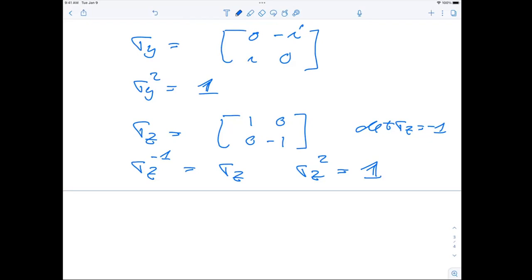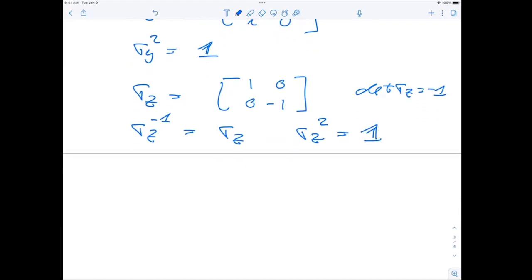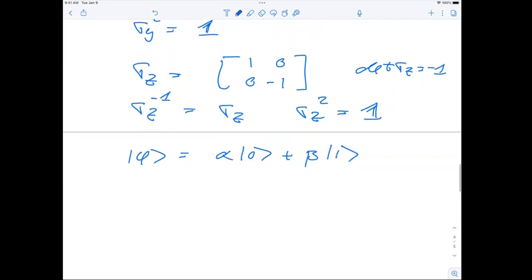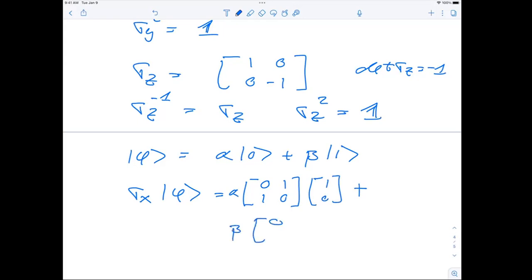But before we move on, let's take a quick look at what happens when we act on a specific state, this state phi, which is a linear combination of these computational basis states. If we act with sigma x on this specific state, this is the same as the matrix 0, 1, 1, 0 acting on alpha times (1, 0) plus beta times (0, 1).